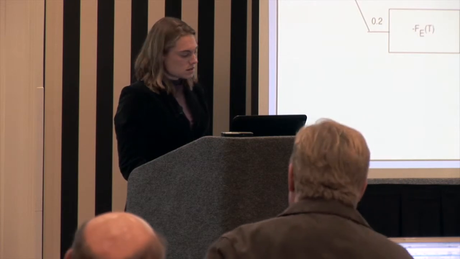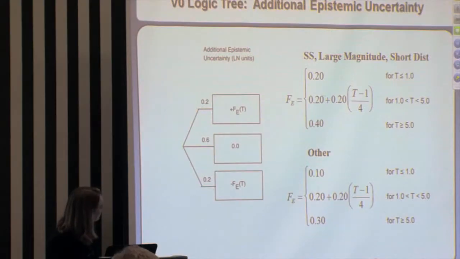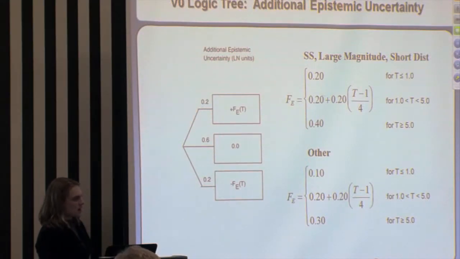And the first of these here addresses the fact that the NGA models are not independent, so we've added additional epistemic uncertainty, but it also addresses the fact that all of the median predictions for the NGA models are similar for large magnitude strike-slip earthquakes at short distances. And by short distances, we're talking like within 10 kilometers.